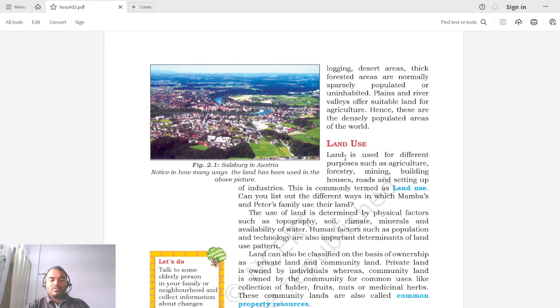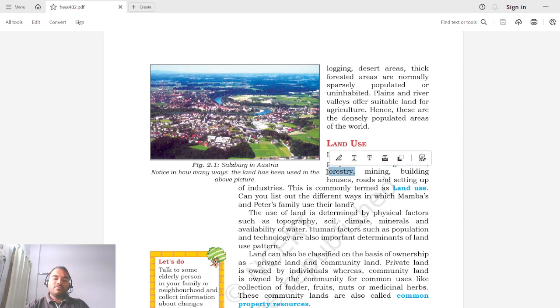Now let us look at land use. Land is used for different purposes such as agriculture, forestry, mining, building houses, roads, and setting up of industries. You may have seen all these activities. Agriculture, you already know that we require land for agriculture. Forestry, what does it mean?